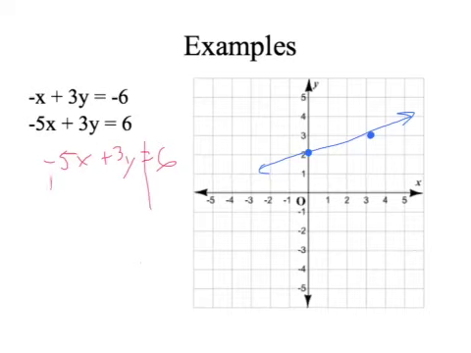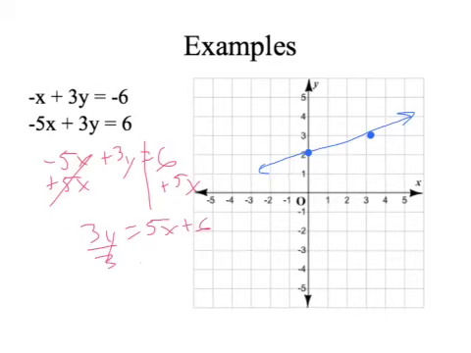So I'm going to add the 5x to both sides. Cancels out, which gives me 3y equals 5x plus 6. Divide each term by 3. 3's cancel, and I have y equals 5x over 3 plus 2 again.